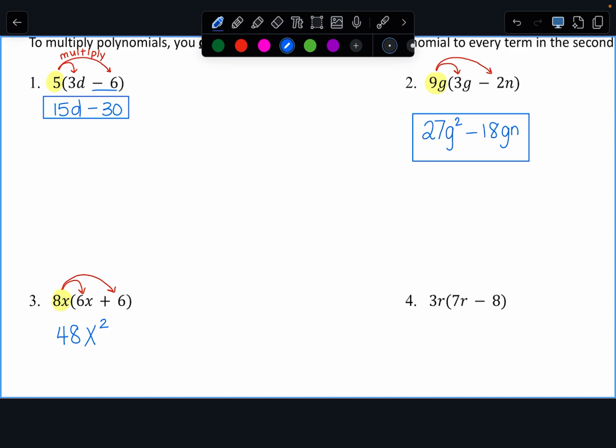And then 8x times 6, again, remember this is multiplying. That is 48 again. It's a positive 48. And there's only one x there. We can't combine those two because one has an x to the second and one is just a regular x. So they stay separate.